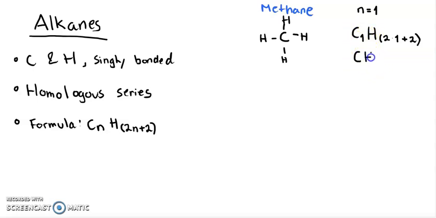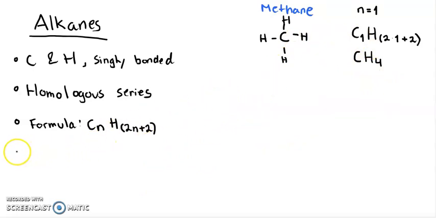So we have C, H, and then 2 times 1, which is 2, plus 2, which is 4. Then I can skip the brackets and just write 4. So 1 carbon, 4 hydrogens. Okay, we see that this formula works for the first one.